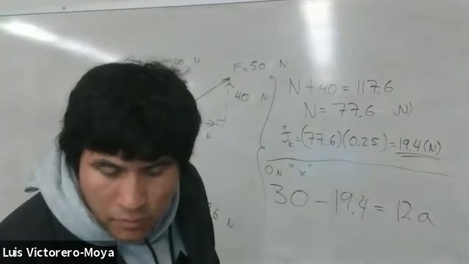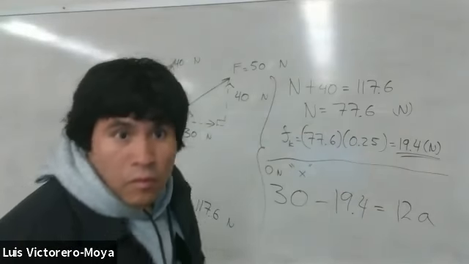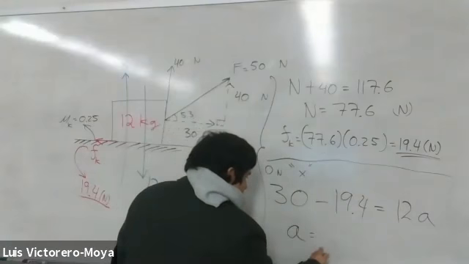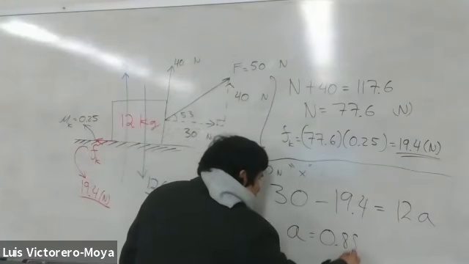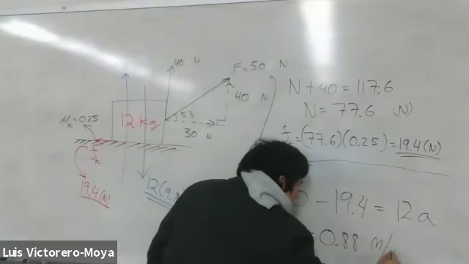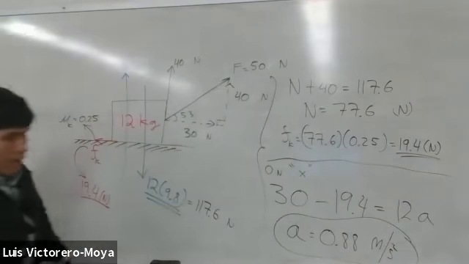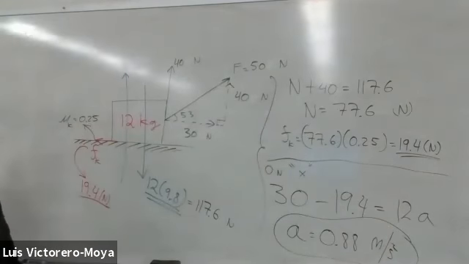That will give me 0.88 meters per second square. All right, guys, that's basically another example of how you use friction now.